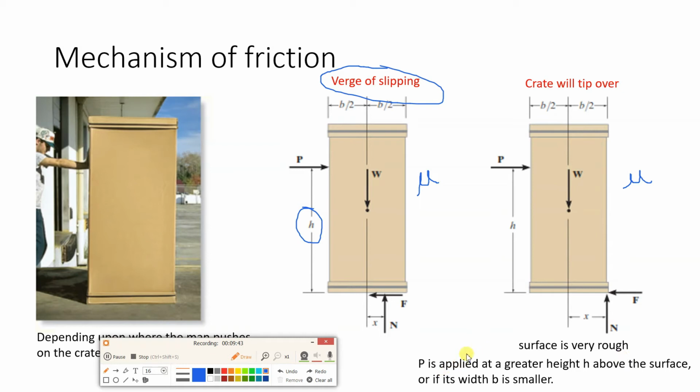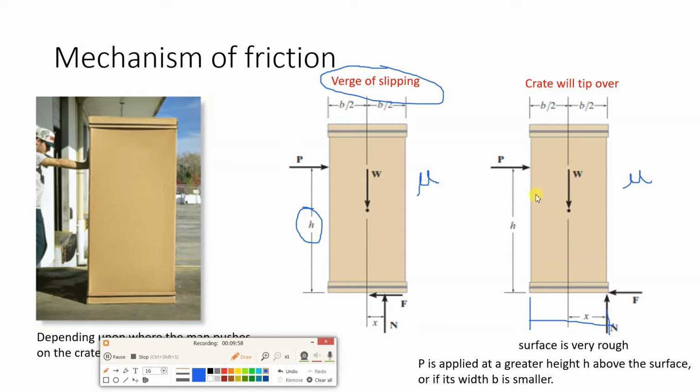Another condition is that if the width of the block or crate is smaller, then the block will also tip over. You can do this practically with a textbook.